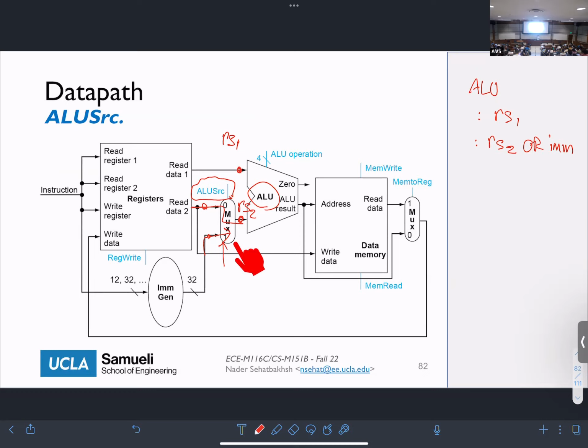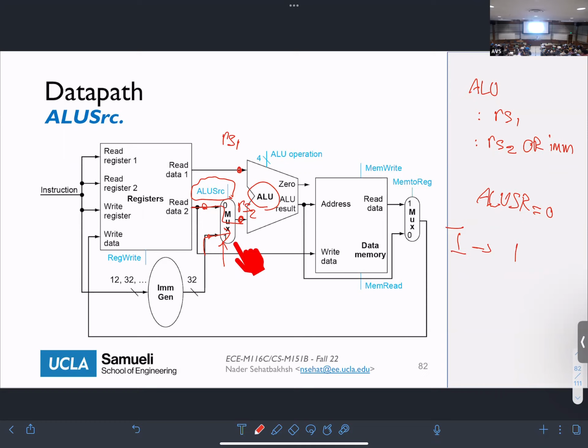How does the controller know that? Remember, we talked about the states, R state and I state. So the controller will read the instruction, the opcode. If it's an R-type instruction, it will say that the ALU source should be equal to 0. If it's an I-type instruction, ALU source should be equal to 1. You can also check what the value of the ALU source should be for load word, store word, and branch.